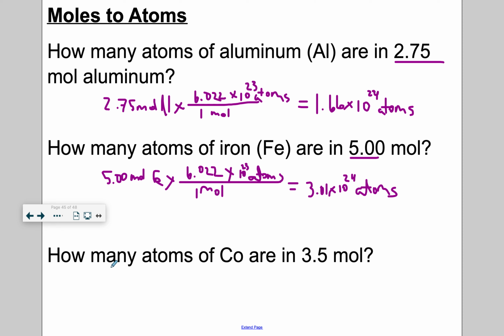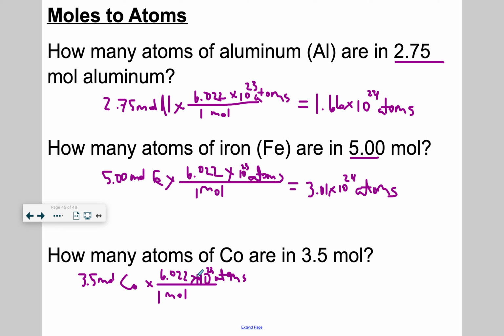All right, the final one. How many atoms of cobalt are in 3.5 moles? So 3.5 moles of cobalt. Set up my conversion. 1 mole is equivalent to Avogadro's, 6.022 times 10. That's a plus sign, I mean a multiplication sign. Atoms.